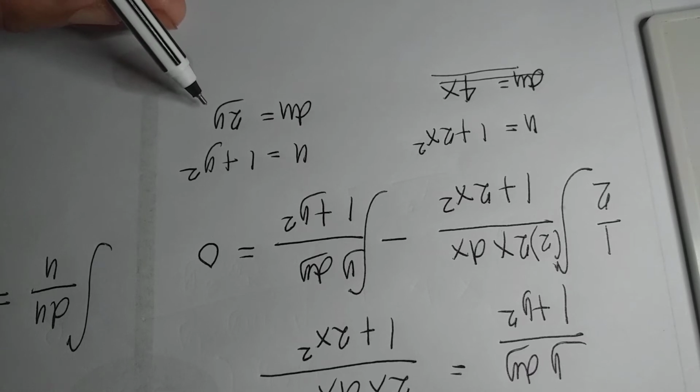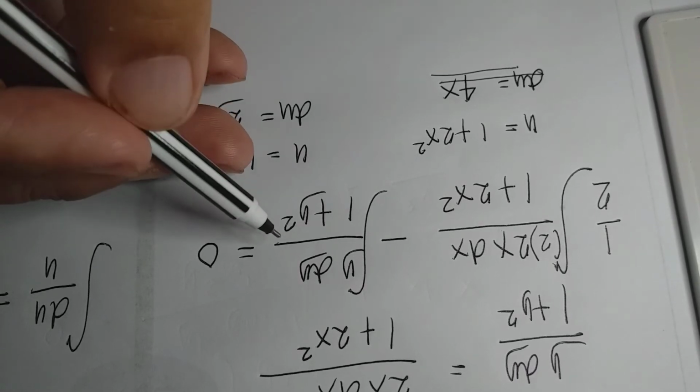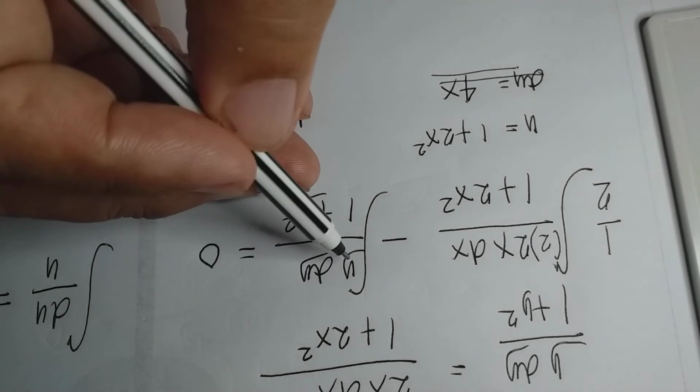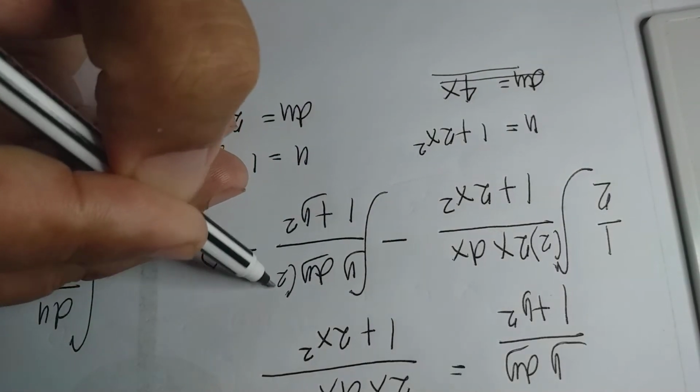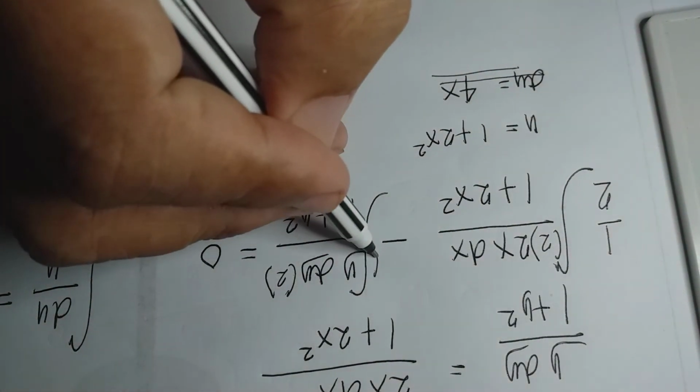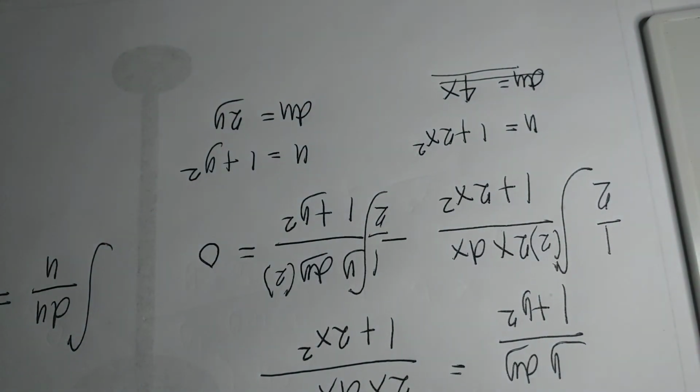Here, your du must be 2y dy, but we only have y. So we have to multiply this by 2, and by 1/2 in the process.